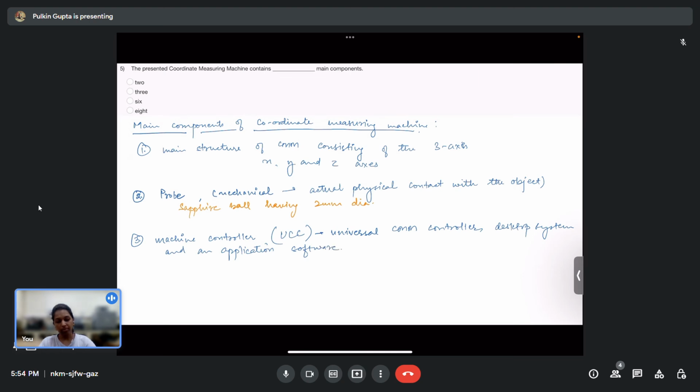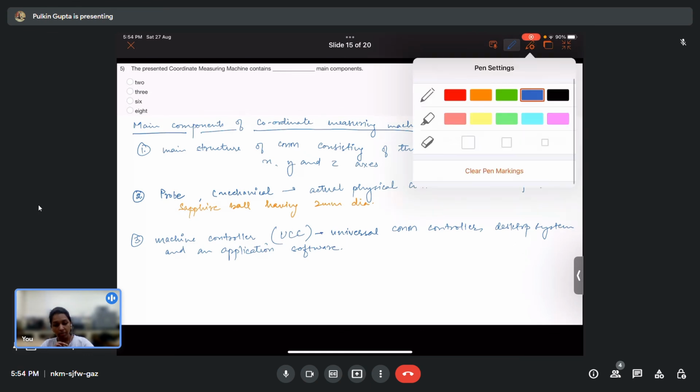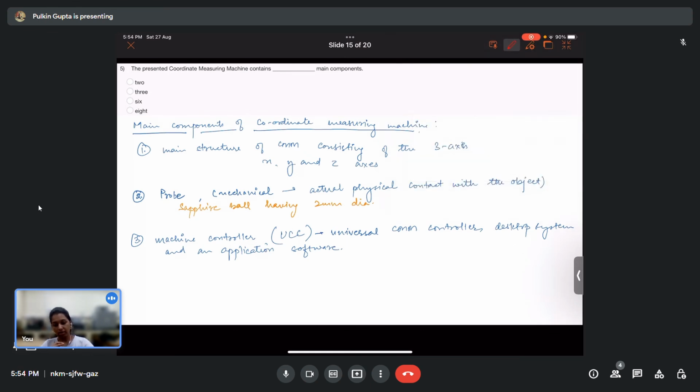Others were present as subsidiary parts or accessories, but these three were the main components. So the number of main components in CMM is 3: the main structure consisting of the 3 axes, the probe, and the controllers consisting of the UCC, desktop system and the application software.